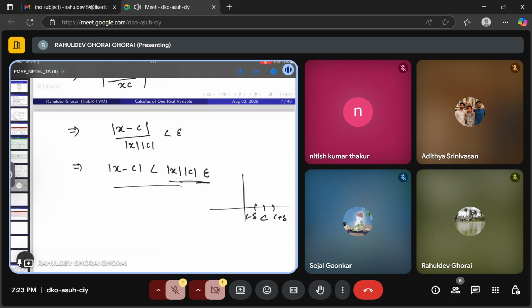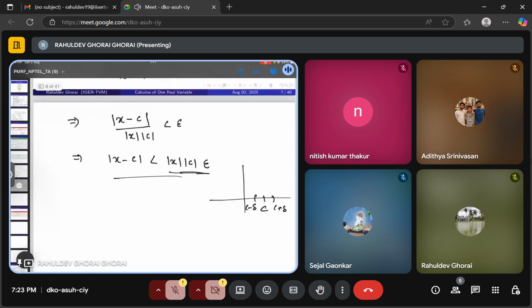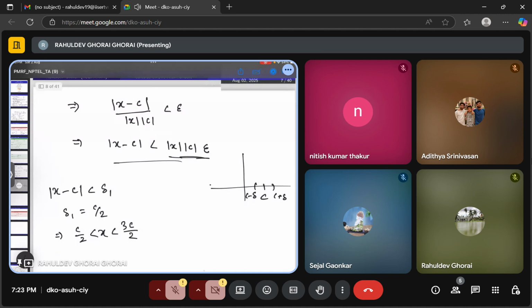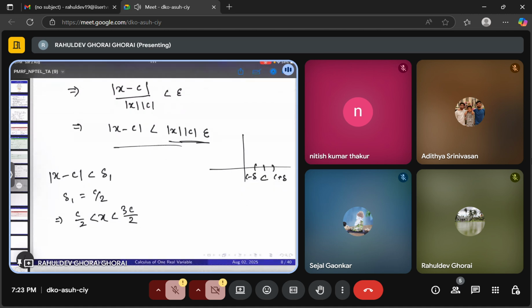So to do that, let's first assume x is in a neighborhood delta 1 of c, where delta 1 is c by 2 because c is positive, that is, x is less than 3c by 2 and greater than c by 2. We'll come to how we are choosing that delta. So when x is in this delta 1 neighborhood, x is greater than c by 2.